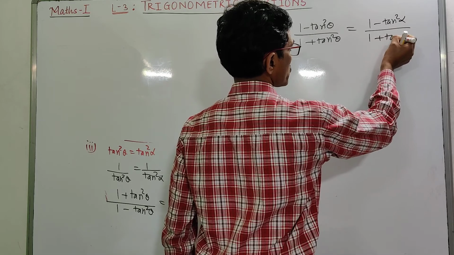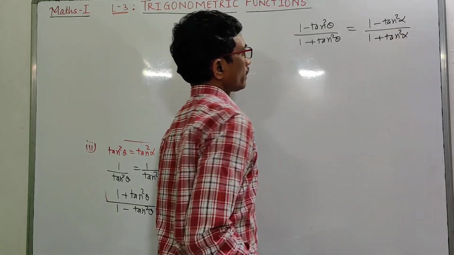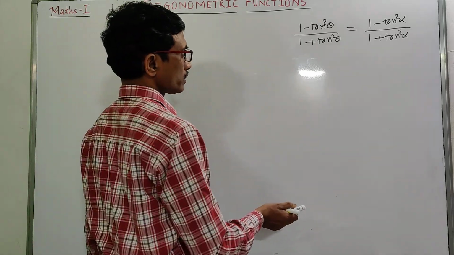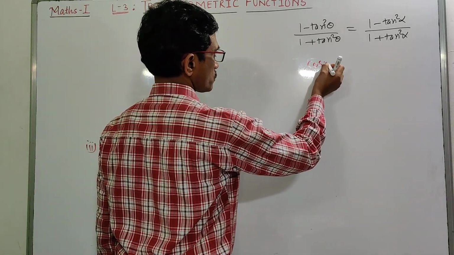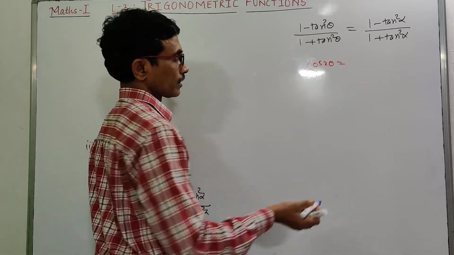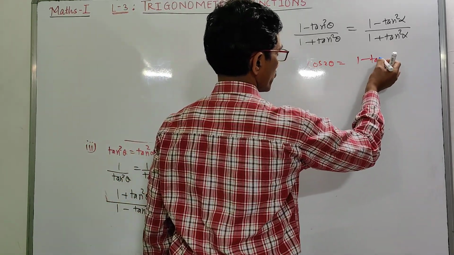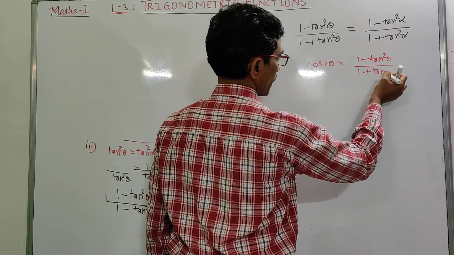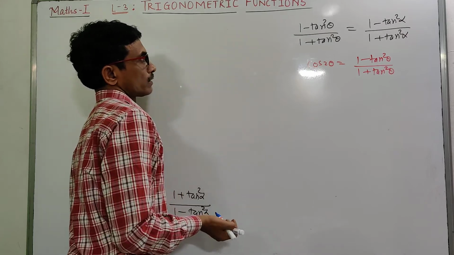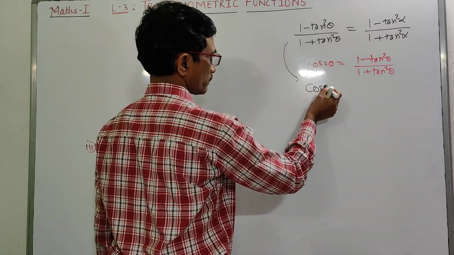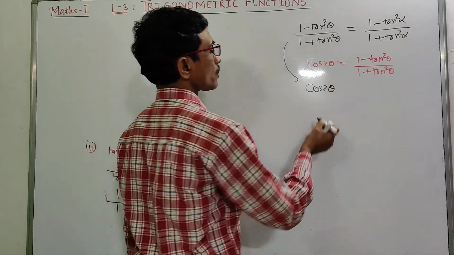We are familiar with this, that it is a formula for cos of 2 theta. We have cos 2 theta is equal to, in terms of tan, 1 minus tan square theta upon 1 plus tan square theta. So this is cos of 2 theta, and this is cos of 2 alpha.